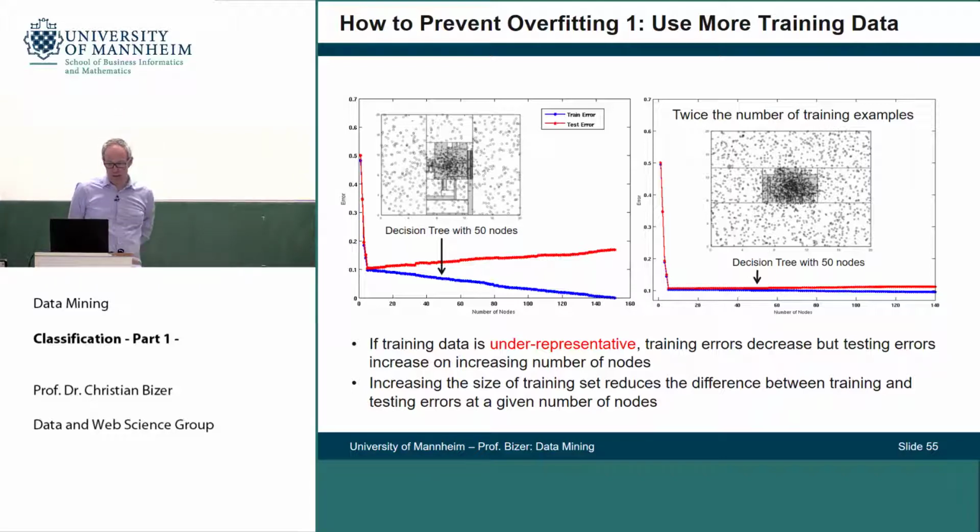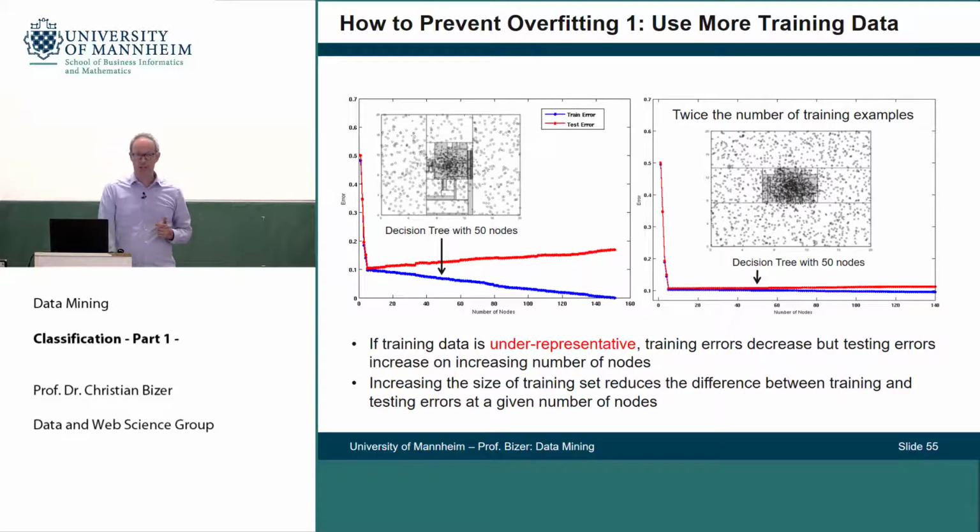We say that a model is underrepresentative if the training error decreases if we allow more model complexity, but the testing error increases. So basically this is the case here. The model is overfitting to the training data because the training data is underrepresentative. We don't have the red tree in our training data.